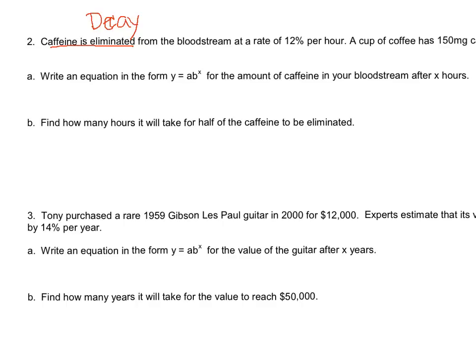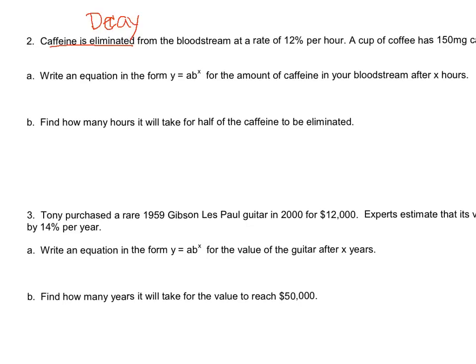Okay, so in this particular case, a is going to be represented by the initial amount of caffeine. But then b, because this is a decay problem, is going to represent the amount that is leaving our body. So we want to do 1 minus the percent because it is decay. So this is how we're going to set up our equation. So we have y equals, what is the initial amount that I have taken in? It's right here, 150.